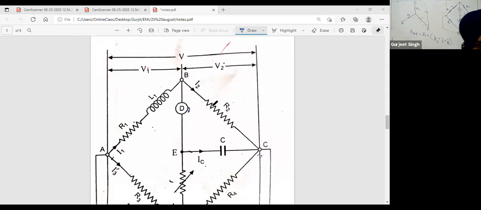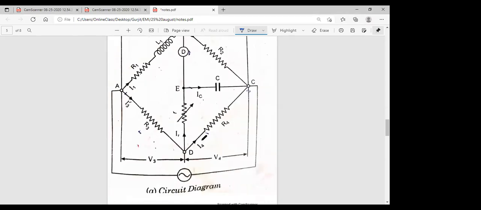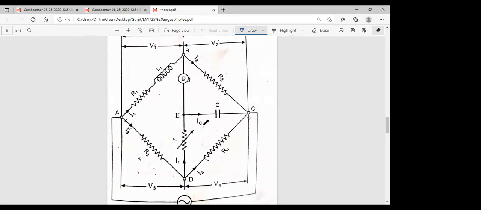Our bridge is balanced when this I1 current, the whole I1 current, is flowing through this R2 resistance.